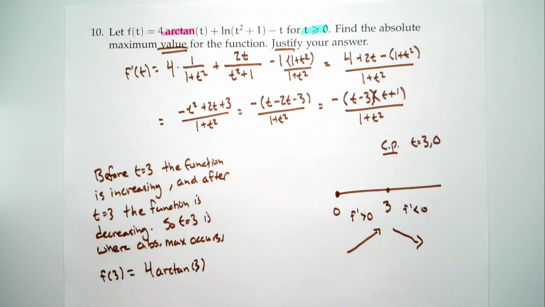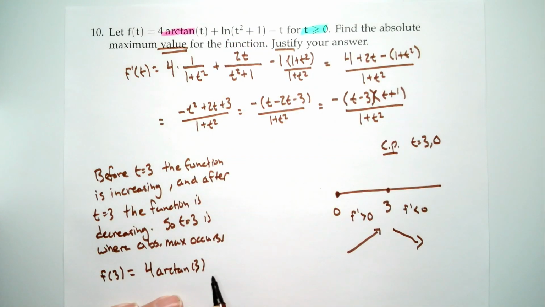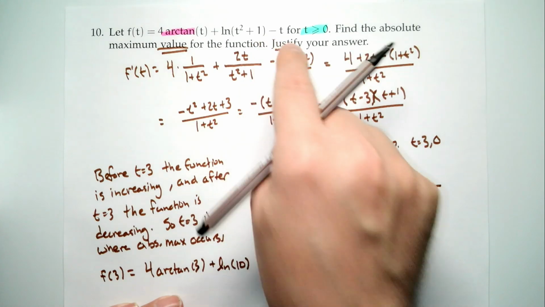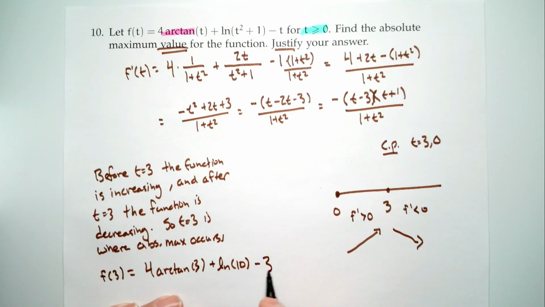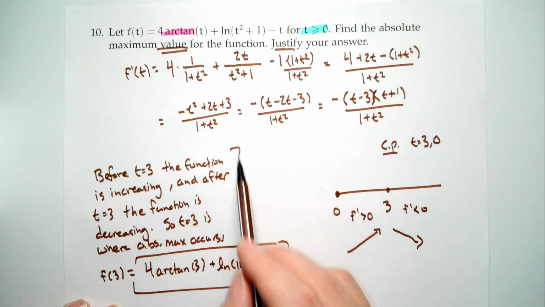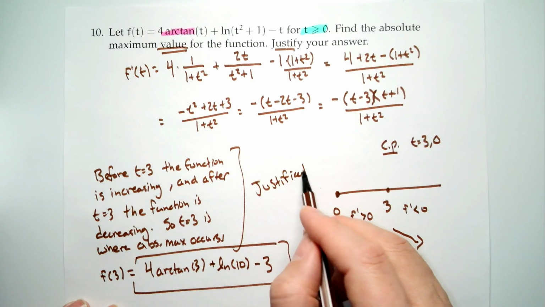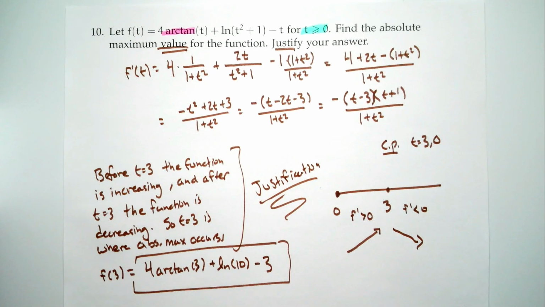Yeah, it's just one of those strange things we don't know. 3 squared plus 1. Well, that's 10. Minus 3 is minus 3. And that is our max value. And here's our justification. And we're done with this problem, with the quiz.